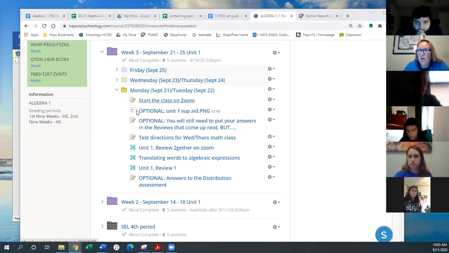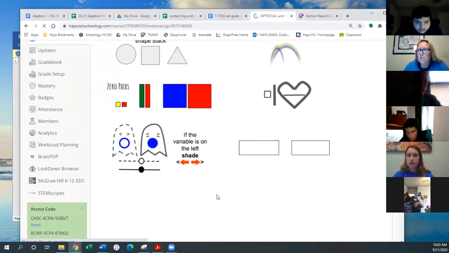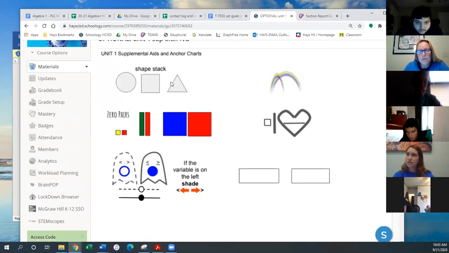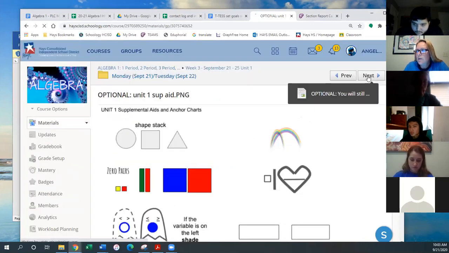And then we also have our supplemental aid. And so as we start going through, more of these things will make sense. But all we're doing for this unit right now is the shape, circle, box, triangle for combining like terms, and the rainbows. And then we're going to go next.